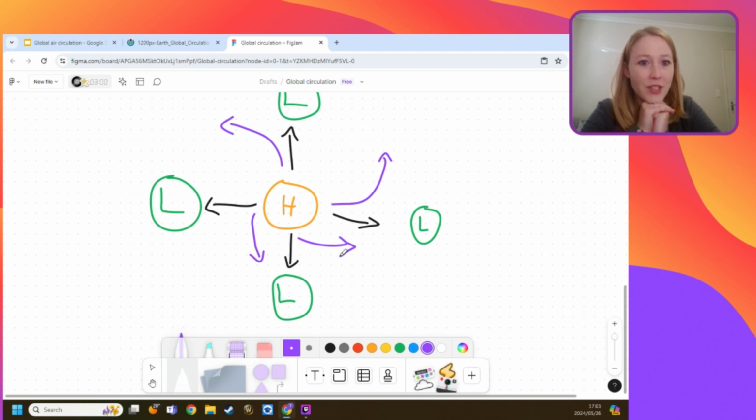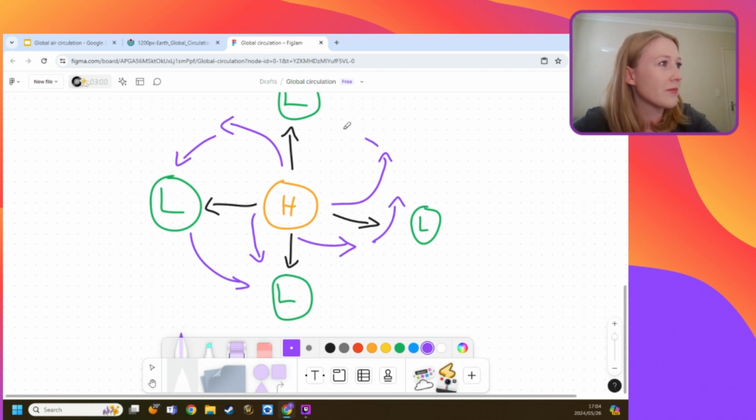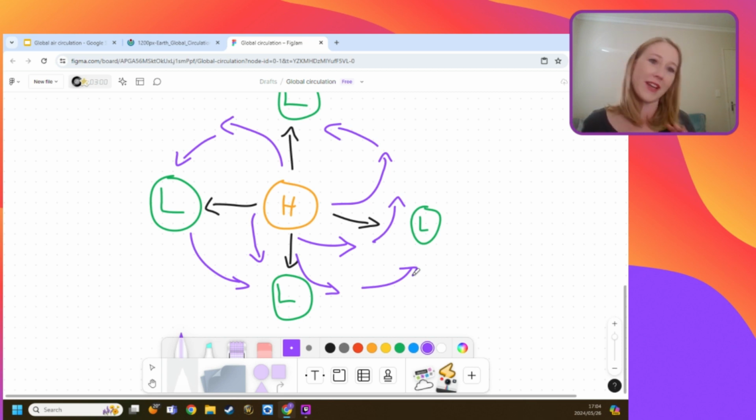Now I want you to notice the direction of the purple lines. You see that they're starting to circle. Okay, hopefully I've put in enough left pointing arrows for it to make sense. I'm going to take this one out.